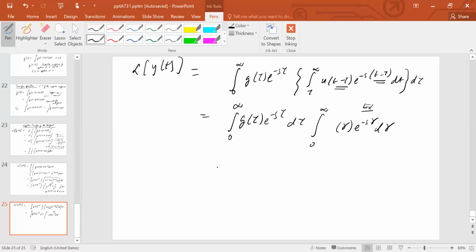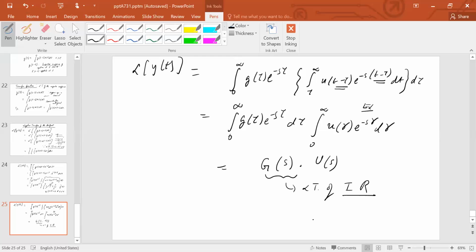And that is nothing but g of s times u of s. And what is this? This is the Laplace transform of the impulse response, like we had claimed earlier.